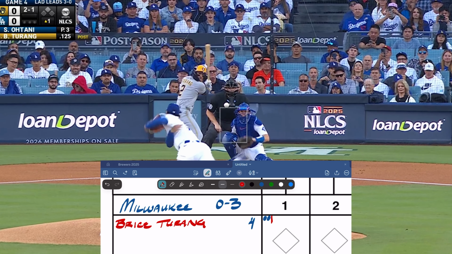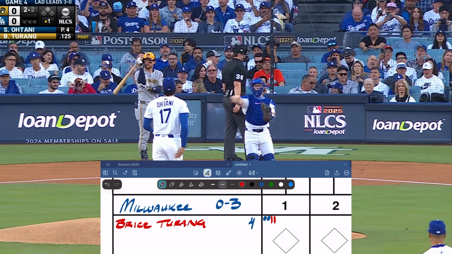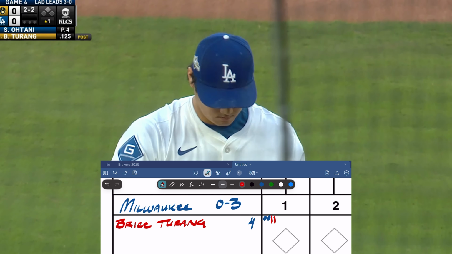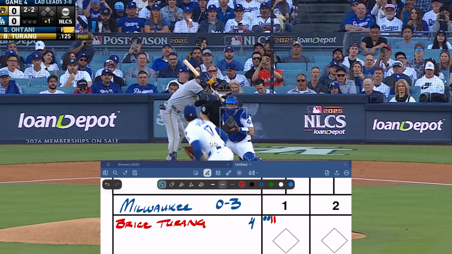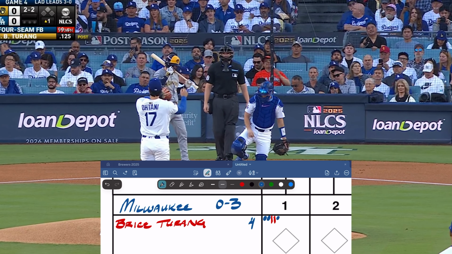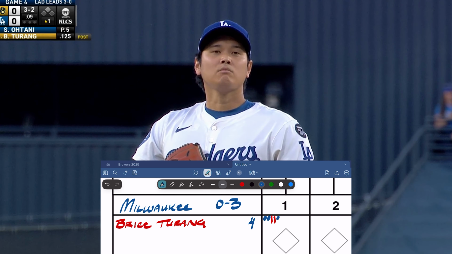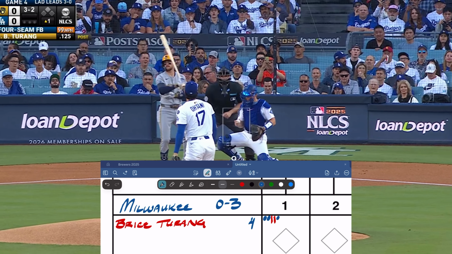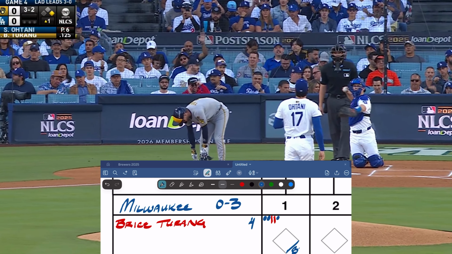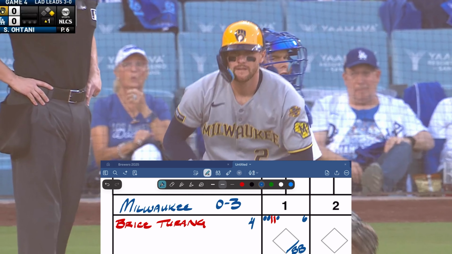Against the heavy hitting Philadelphia Phillies. The count to Bryce Turang. And that one misses. And he issues a walk to start the ball game. The speedy Turang is aboard.